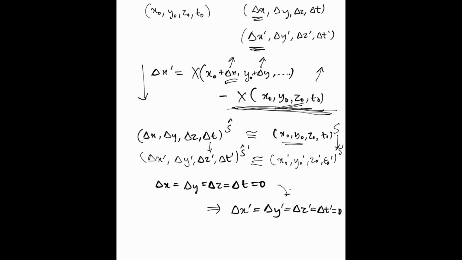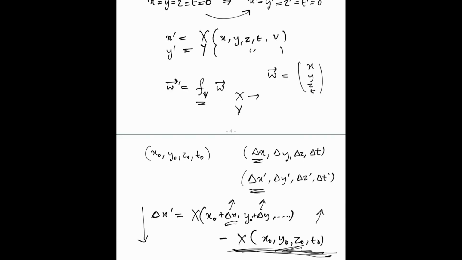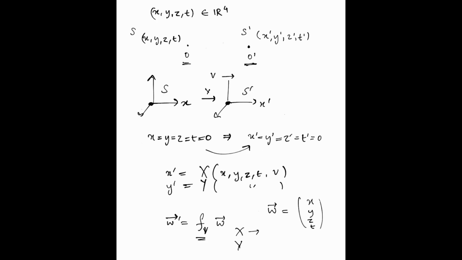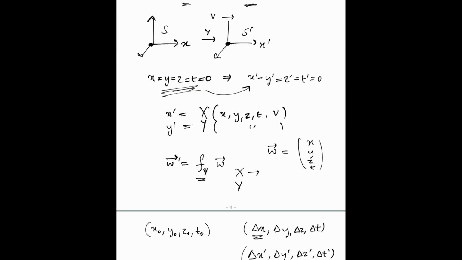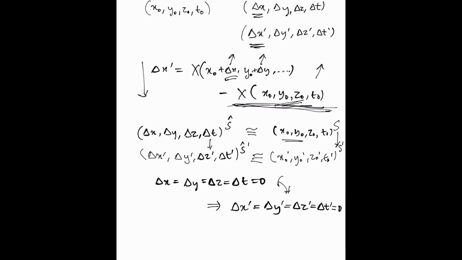And this is the exact same assumption that I had for my original relation between S and S dash. So now there's absolutely no difference between S hat and S dash hat and S dash. The relation to each other is also that they have a common origin. When delta T equals 0, the origin of S hat corresponds to the shifted origin of the other one. So the relation between each other is the same as the relation between S and S dash.